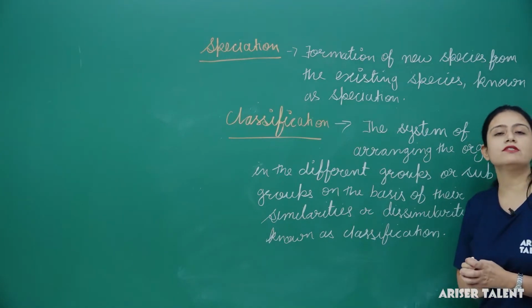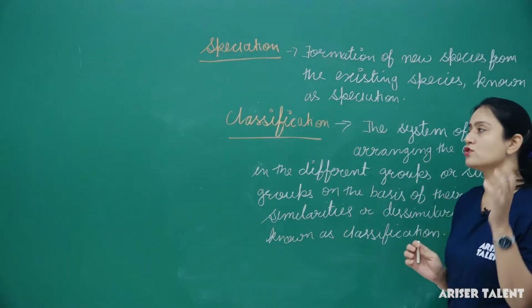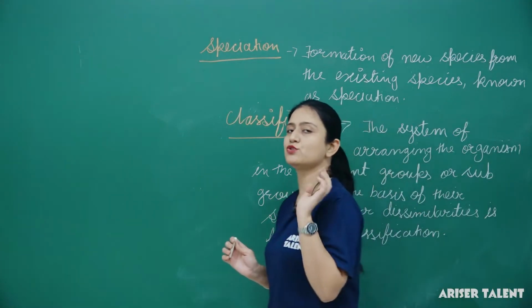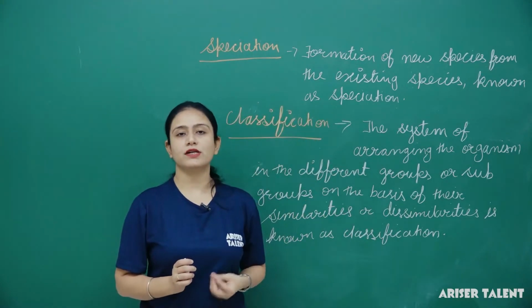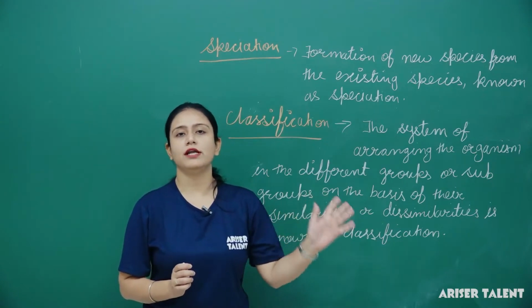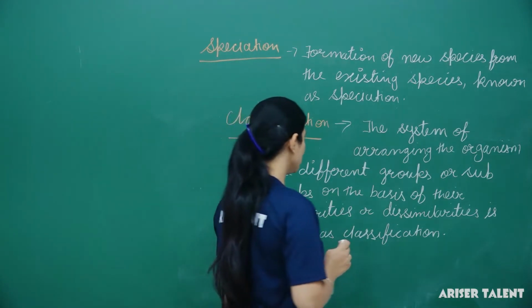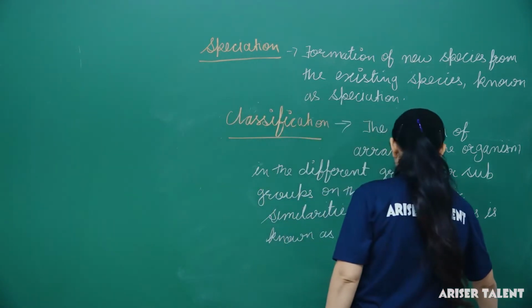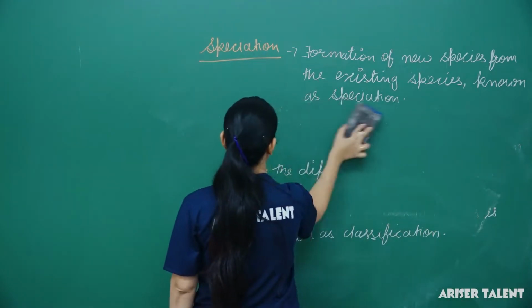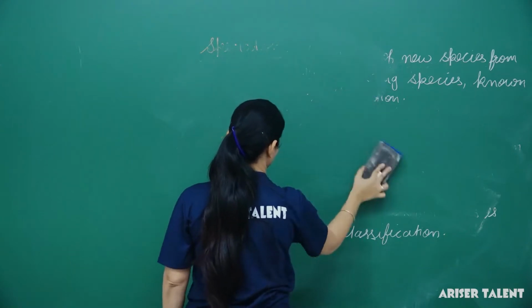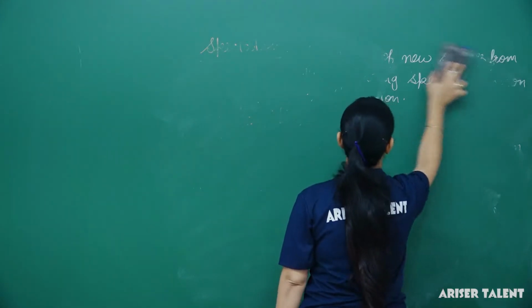So, as we all have studied in class 9th also, first of all organisms were categorized into two groups, prokaryotes and eukaryotes. Then again eukaryotes were classified into two groups, unicellular and multicellular. Okay, so let me define the classification here. This is the definition of classification.